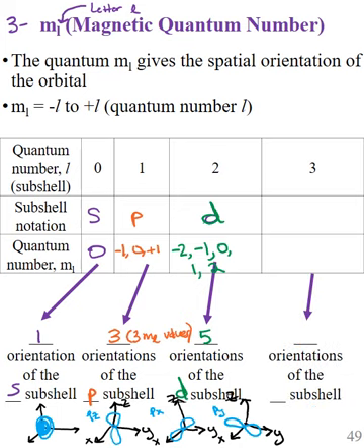And then the last one. If we have L equals 3, what is the subshell notation of that? This is F. Again, that's one of those that you need to memorize. What are the m sub L quantum numbers I could have? Any values between -3 to +3.